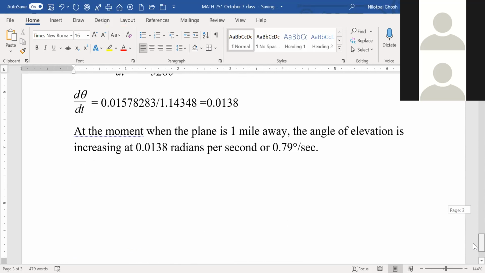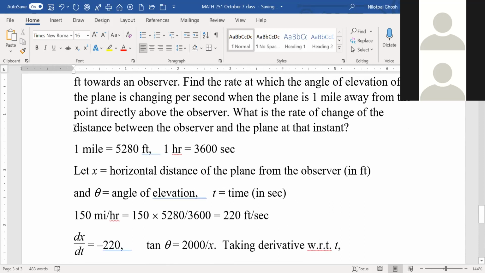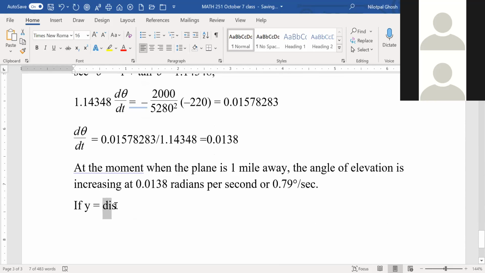So if y equals the direct distance, we need some information about the relationship between y and x.